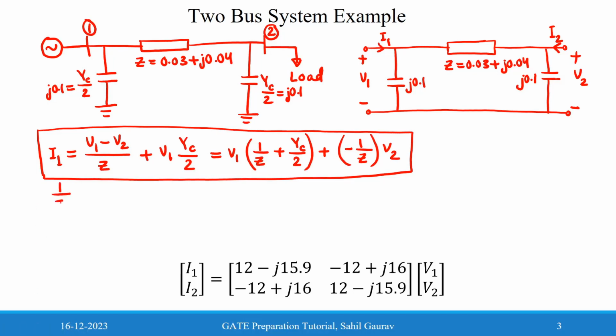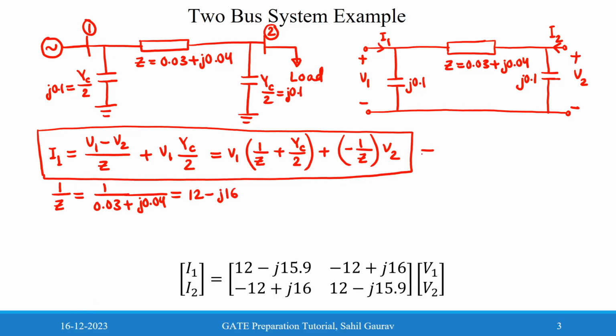So 1 divided by Z is equal to 1 divided by (0.03 plus j0.04). This will give you 12 minus j16. So this Y12 we got.